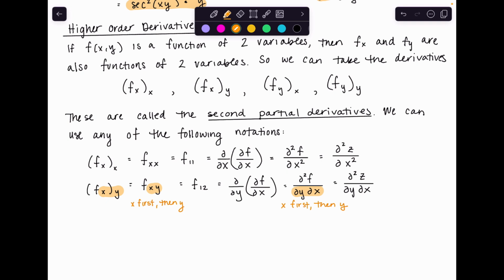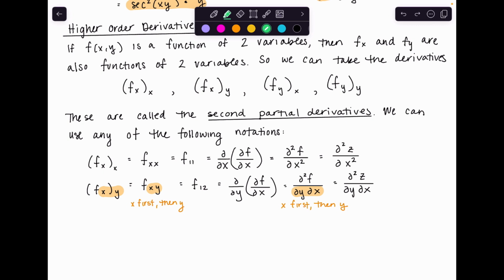Now maybe you're asking yourself, well, is this going to be any different than if I switch the order? If I take a derivative with respect to y and then x? And if you're starting with a function and finding derivatives, no, they should be exactly the same. That idea, however, is going to be important for us. We want the mixed partials to be the same.